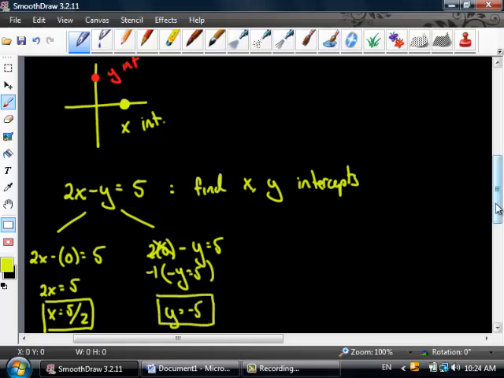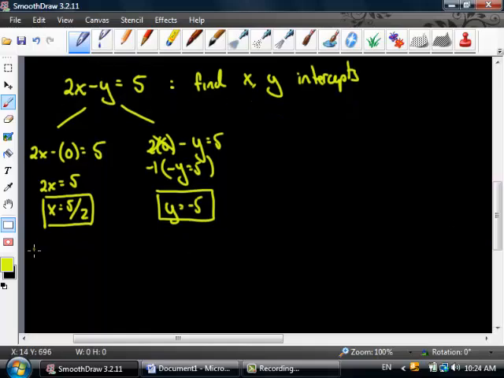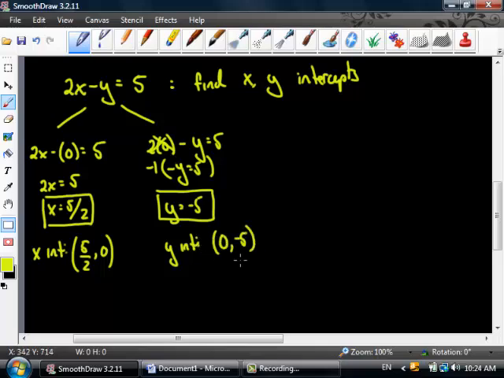Now what this means is that your x-intercept is at 5 over 2 comma 0, and your y-intercept is at 0 comma negative 5. And that's all it's telling you when you do this, finding x, y intercepts.